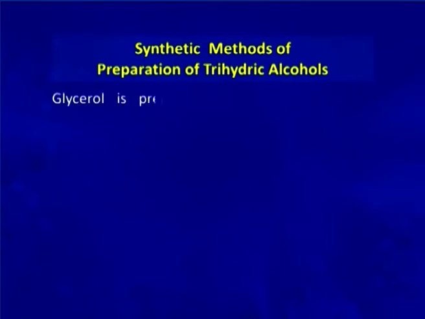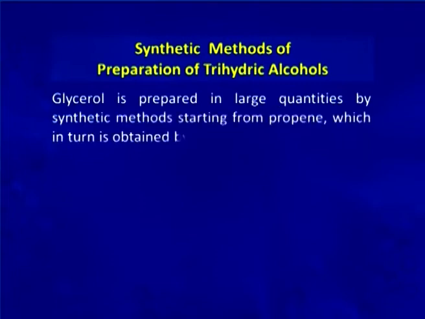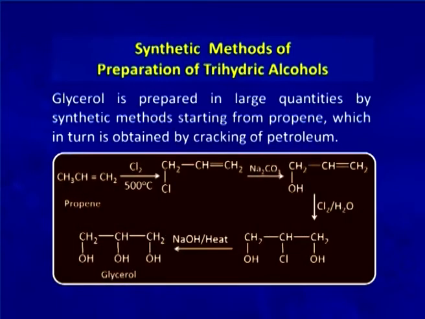Glycerol is prepared from propene or 3 carbon aldehyde or alcohol, which in turn are prepared by the cracking of petroleum. In this particular case, propene is first treated with chlorine to produce allyl chloride, which upon reaction with sodium carbonate followed by chlorine water and sodium hydroxide produces glycerol.